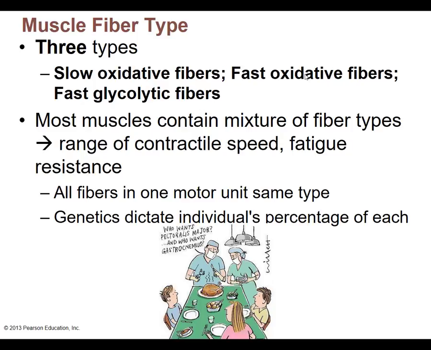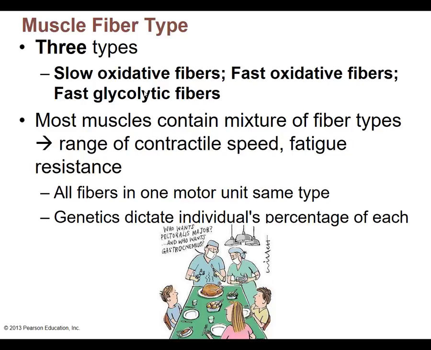So I myself, genetically, am not born to be an Olympic sprinter. However, there are others, and yes, Olympic sprinters can have kids that are also born with really fast glycolytic fibers, and they can do those sprints. I'm not one of them, but that's based on genetics. Most of us have a nice mix of both, where you don't have one or the other in abundance.